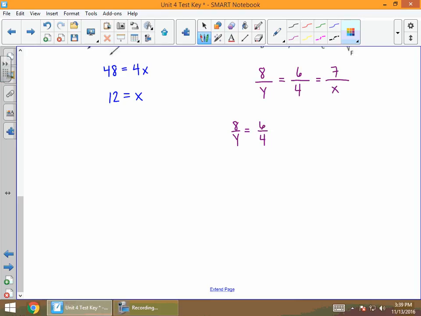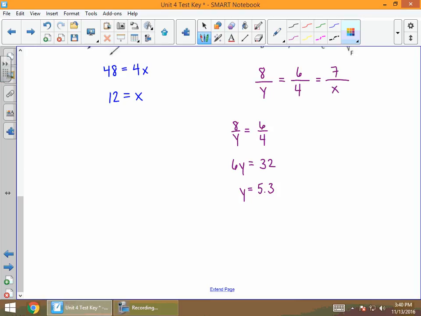And now I'll cross multiply. 6 times y is 6y. 8 times 4 is 32. Divide by 6, and y is equal to 5.3. Now that is rounded to the nearest tenth, as it says in the directions. It says round to the nearest tenth if necessary.